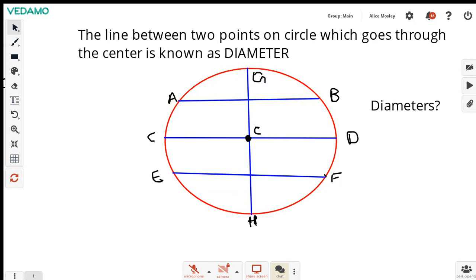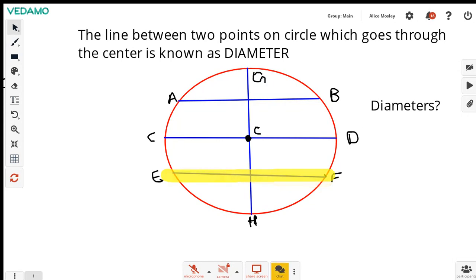Now what about CD? CD is a line between 2 points and it is also going through the center. So CD is a diameter. Similarly, EF is not a diameter because it is not passing through the center.